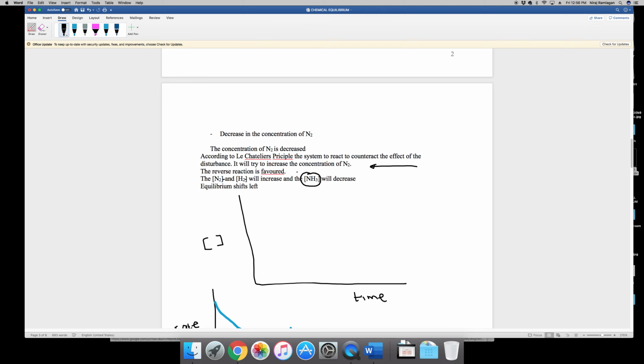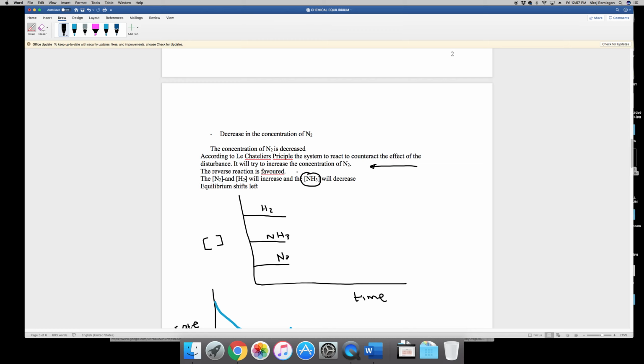And we know that what happened was everything was in equilibrium. And so I had H2, I had NH3, and I had N2. And then I disturbed the equilibrium by decreasing this concentration here.